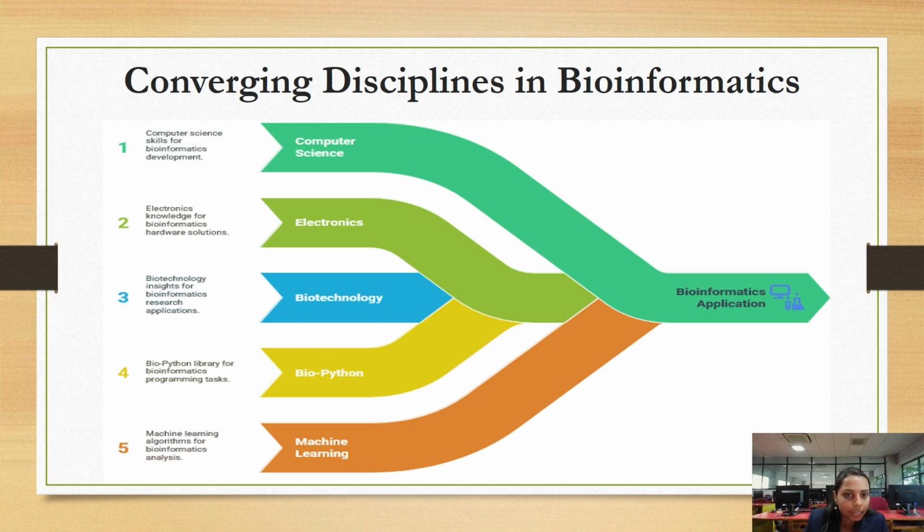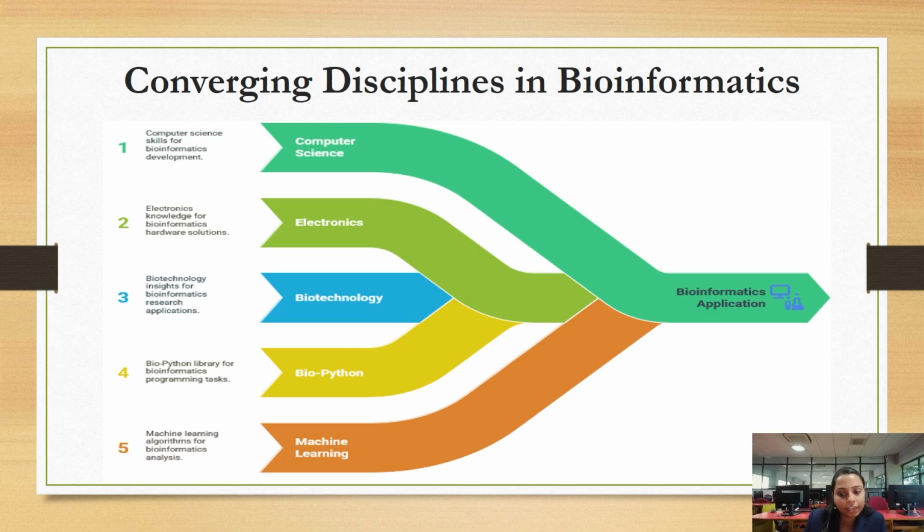When we go for electronics, you need knowledge of hardware solutions. Then we have biotechnological solutions, biology with technology-based applications. Then machine learning, where we analyze large data sets to get accurate results.